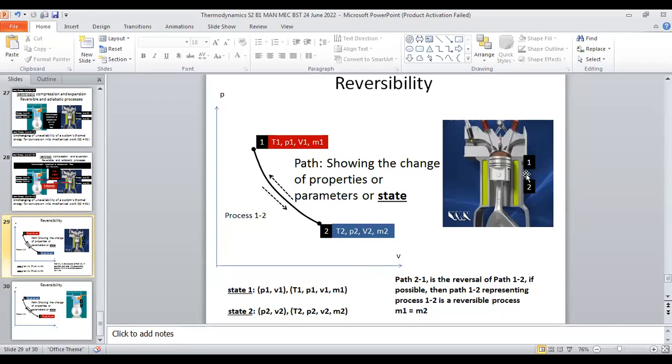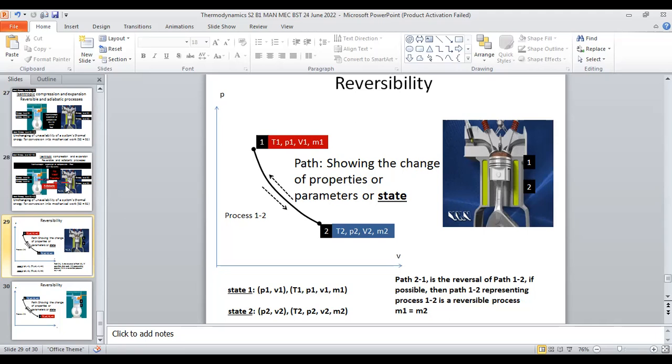So this is the reversibility. The point is, if the entropy levels at 1 and 2 are the same, we have to consider the process is reversible. Means no friction, no heat transfer, and adiabatic.